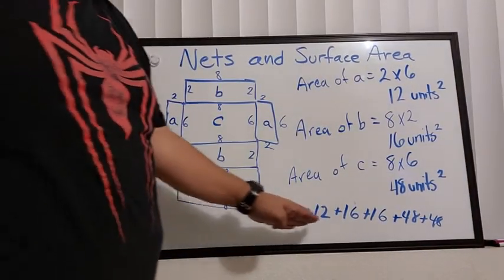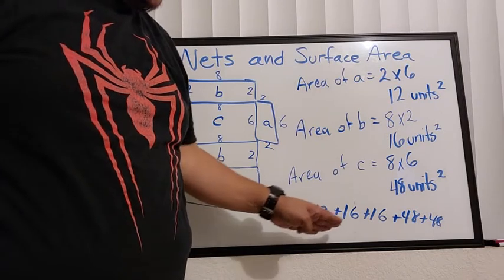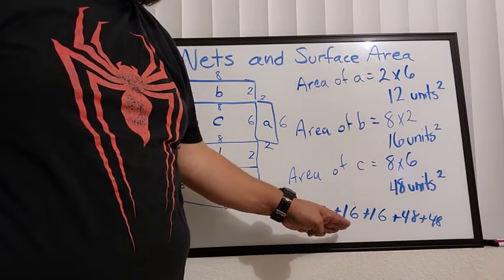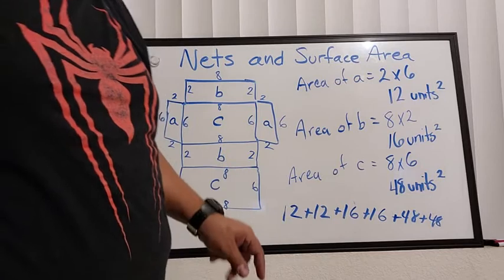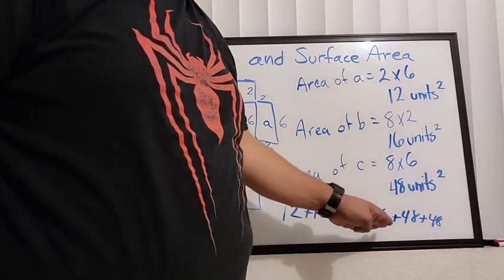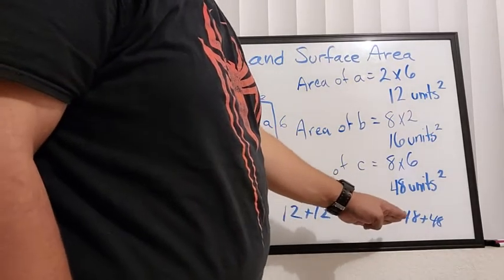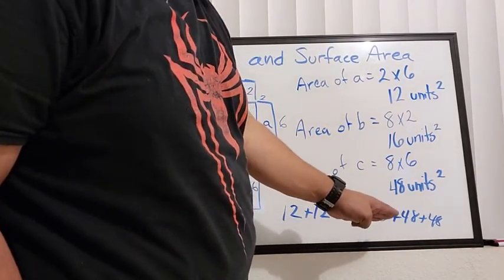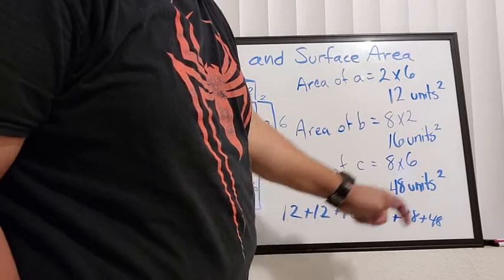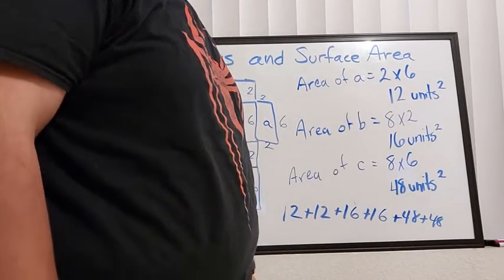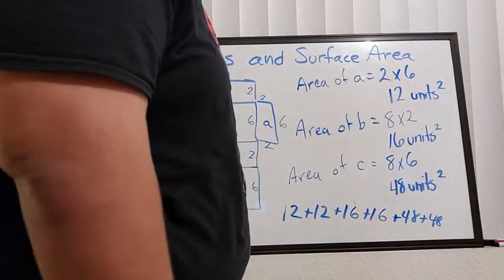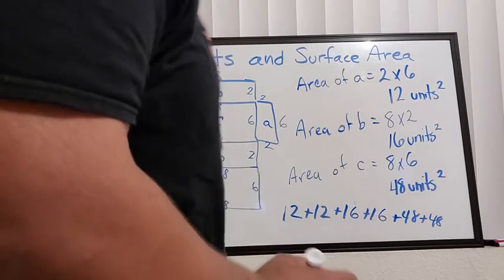Well, 12 plus 12 is 24. 24 plus 16 is 40. 40 plus 16 is 56. 56 plus 48 is 104. And 104 plus 48 is 152, if I'm not mistaken.